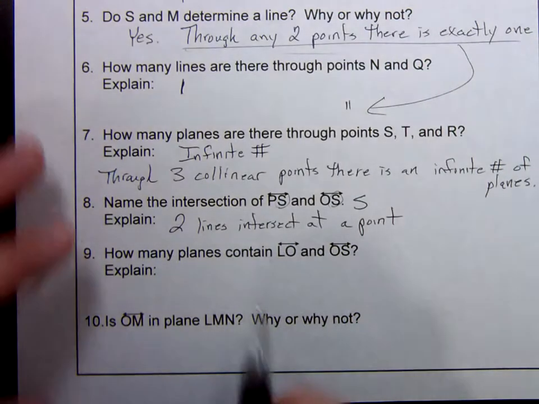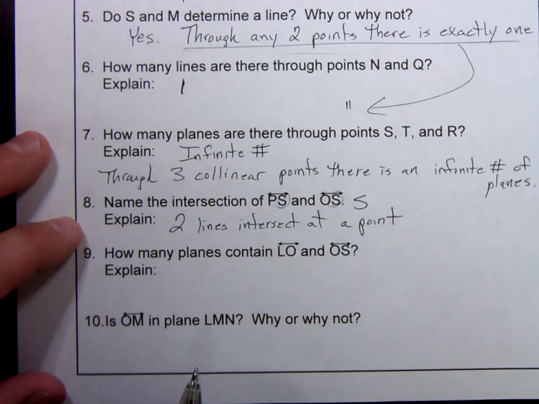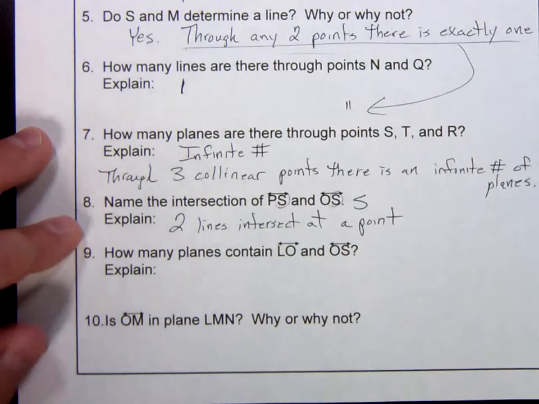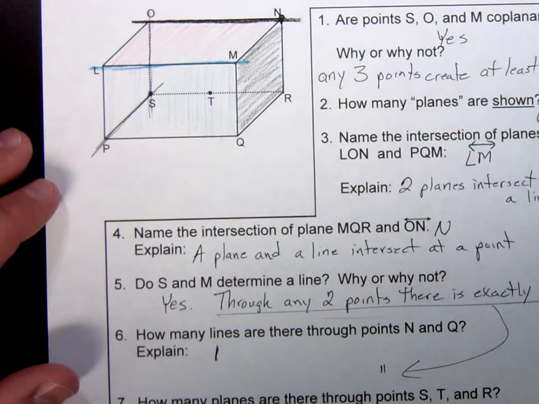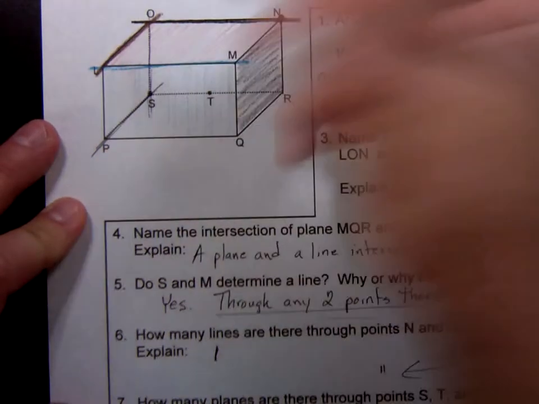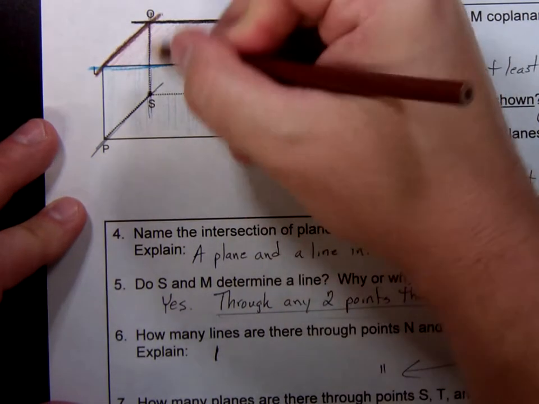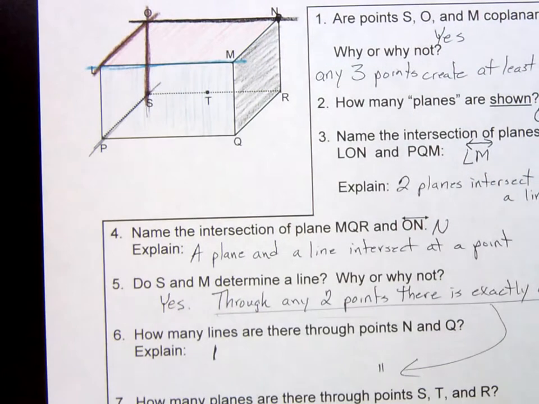How many planes contain line LO and line OS? So we're looking for planes that have both of those lines on them. So let's look over the picture. Line LO and line OS. So here's line LO and here's line OS. How many planes contain both of those lines?